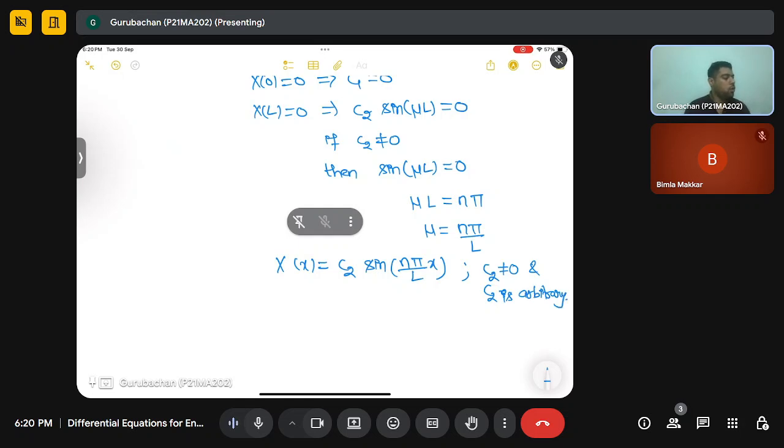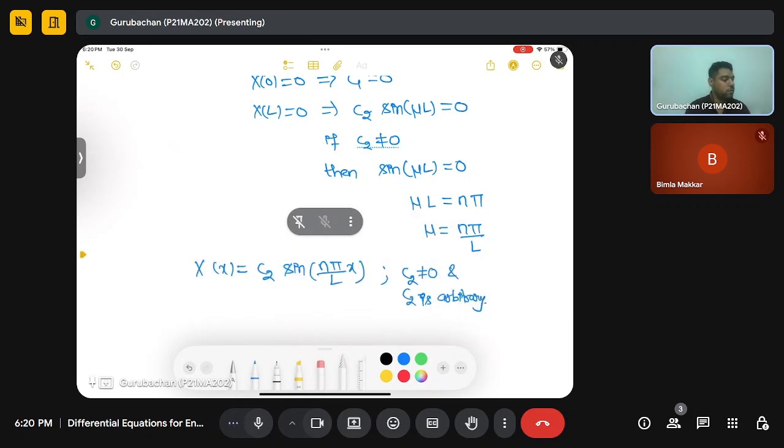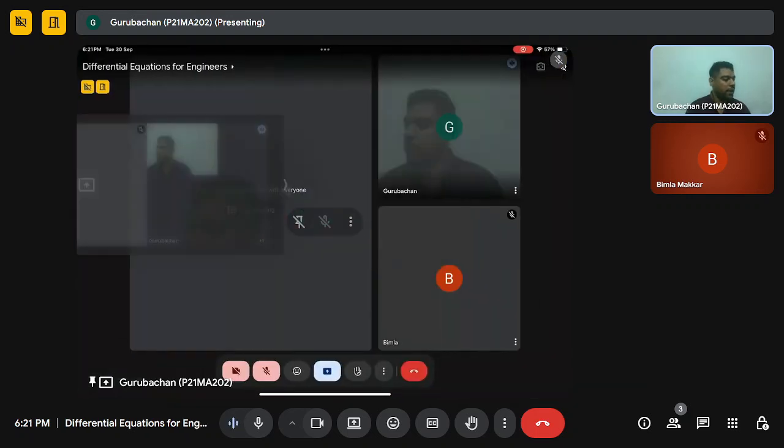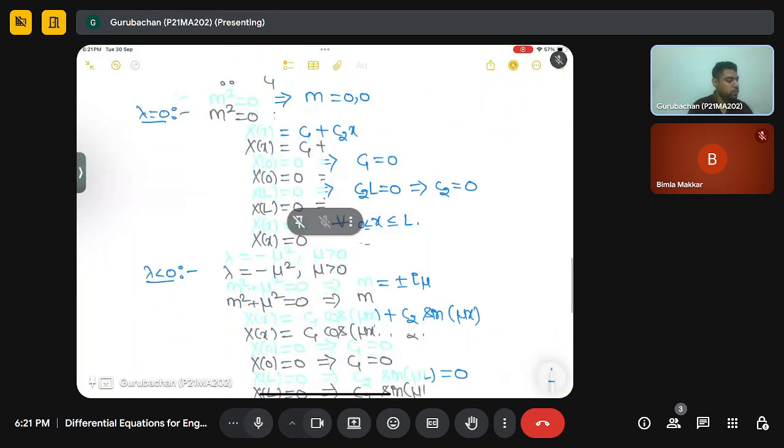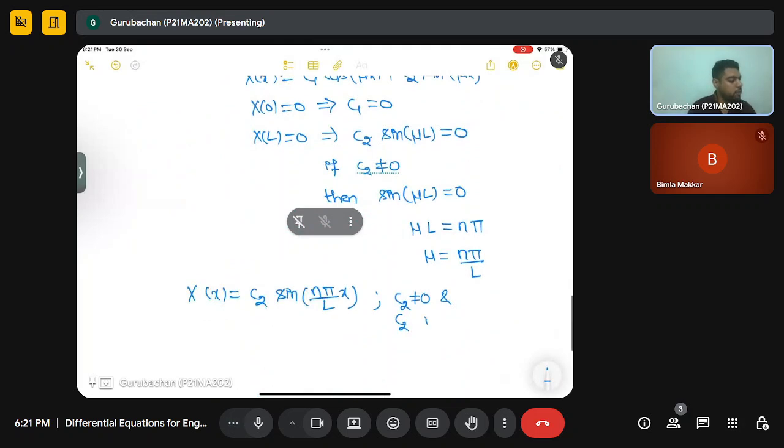Okay, so you got your non-zero function that we are searching for in case of this eigenvalue Sturm-Liouville system. Here n is some natural number, since we want mu to be positive.